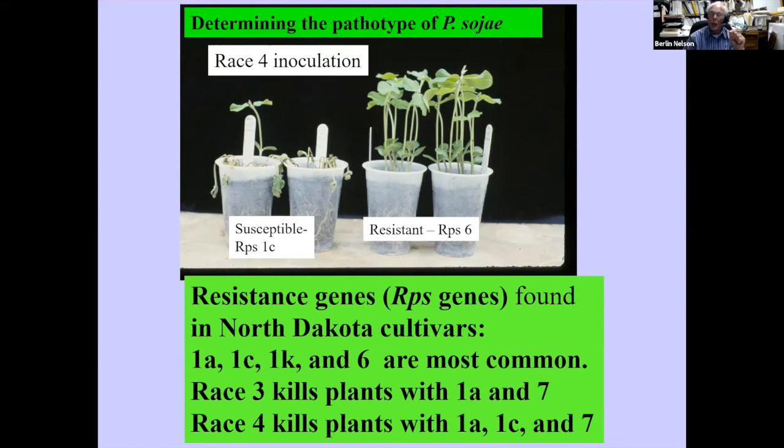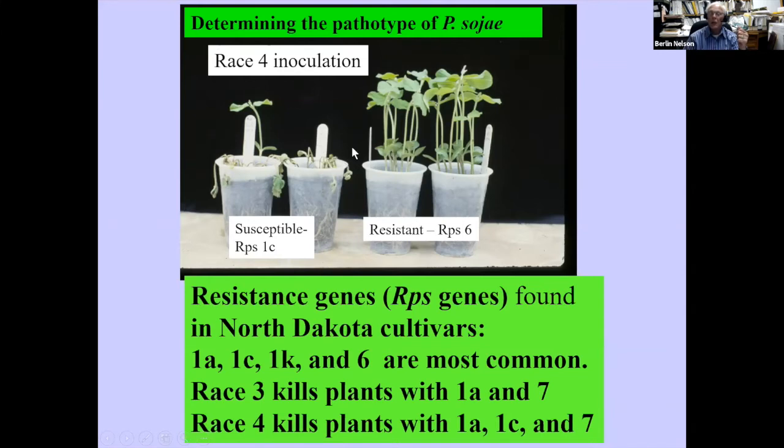Then we inject a little of that mashed up mycelium into the stem of the soybean plant. We push the needle all the way through the plant, and as we bring it back, we force a little bit out, and it goes inside. Within about 3 to 5 days, that's the result on a susceptible soybean plant.